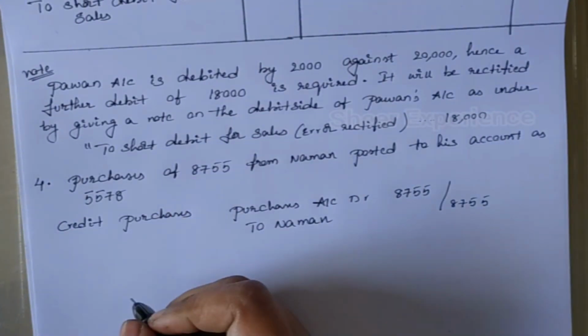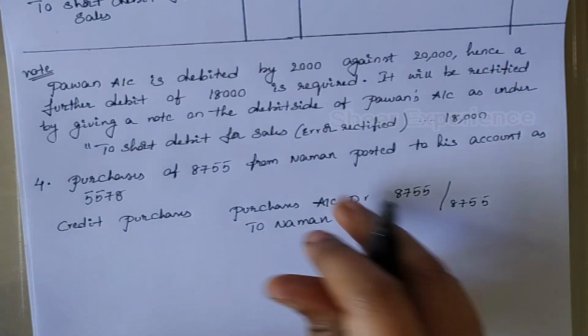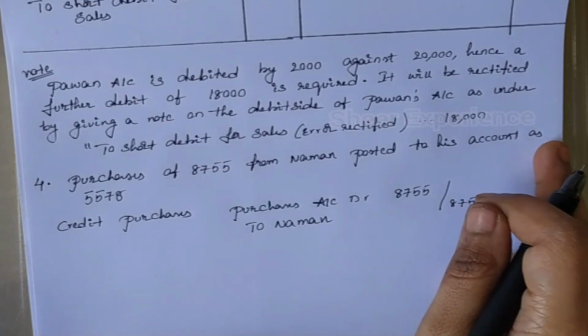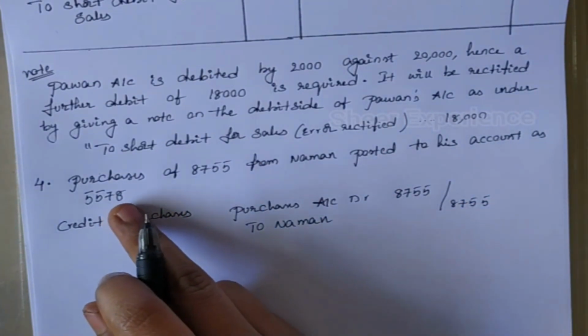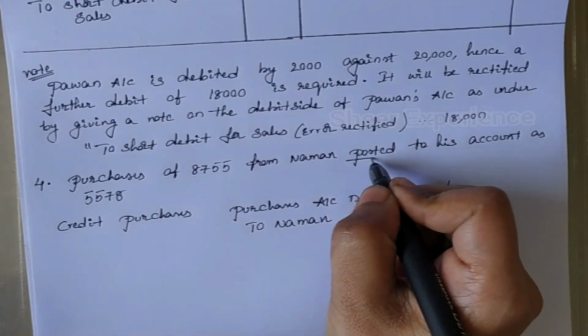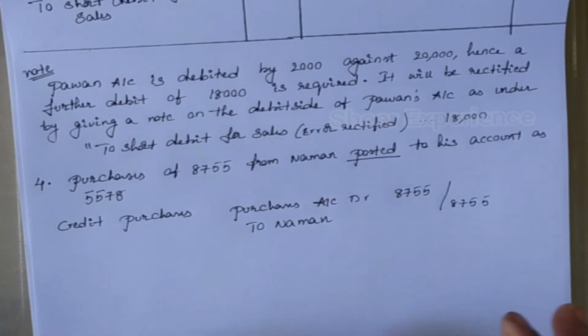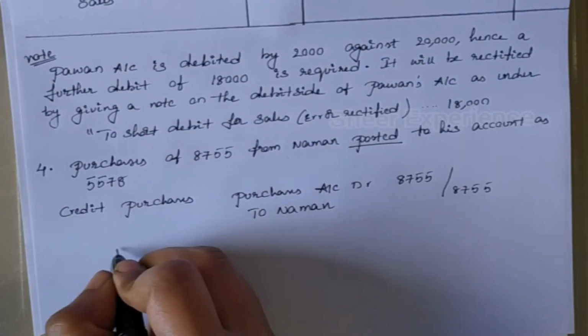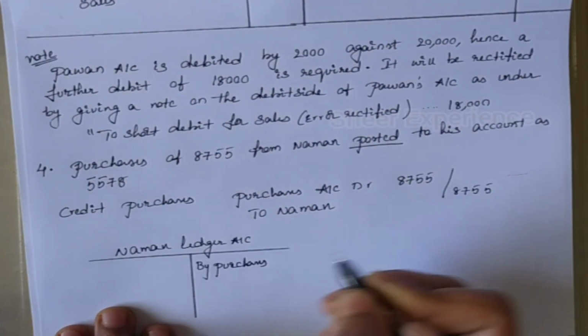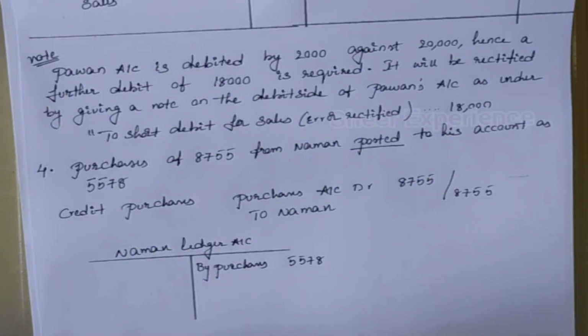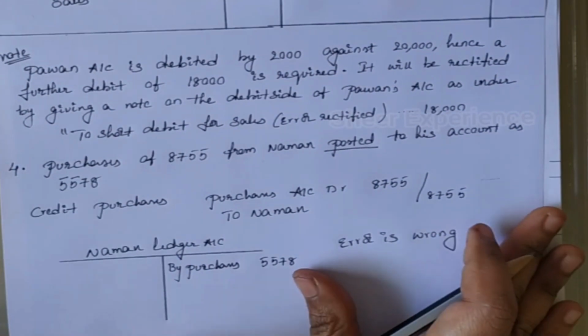Amount is 8,755. In the transaction, it says that we have posted to his account as 5,578. That means we have posted 5,578 on the credit side instead of 8,755.